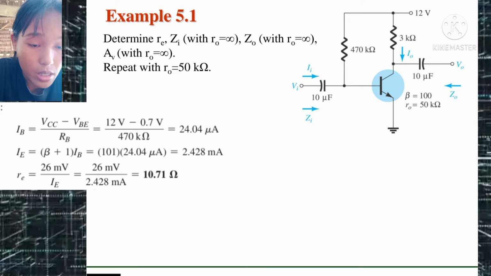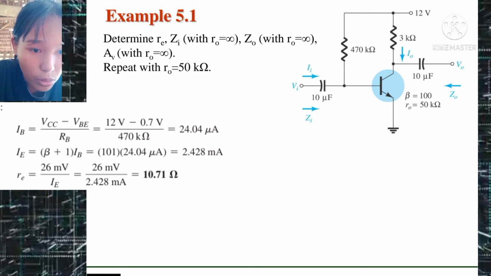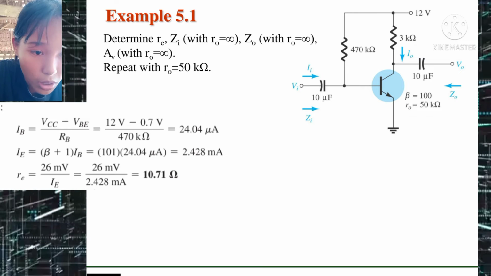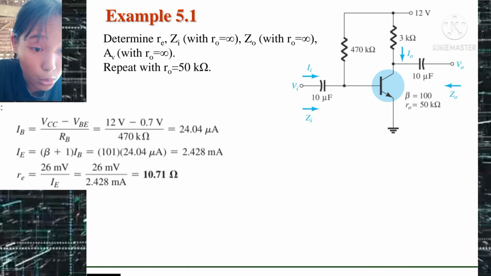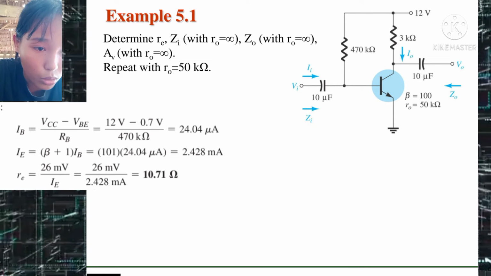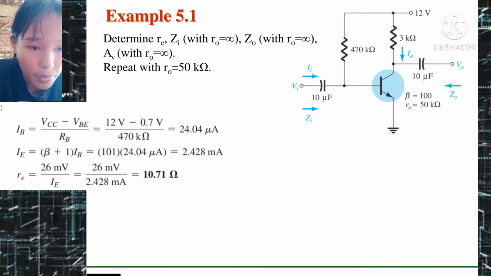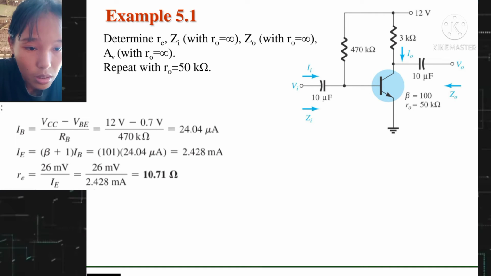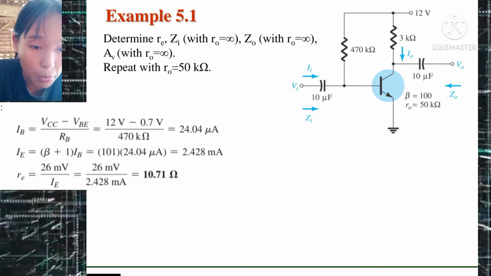And so for part a, the DC analysis, to determine Ib, Ie, and re. So our Ib is equal to VCC minus VBE divided by RB. This is equal to 12 volts minus 0.7 volts divided by 470 kilo ohms, and by simplifying, this is equal to 24.04 microamperes. Then our Ie, since we already got the Ib, is equal to beta plus 1 times Ib.